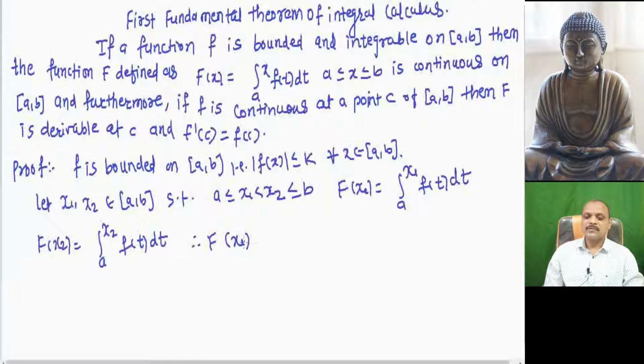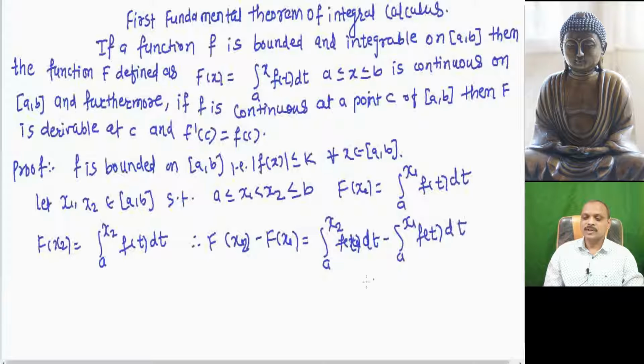Then capital F of x2 minus F of x1 equals integration a to x2 f of t dt minus integration a to x1 f of t dt. So this is the range where we are integrating. Here is a, x1 and x2.